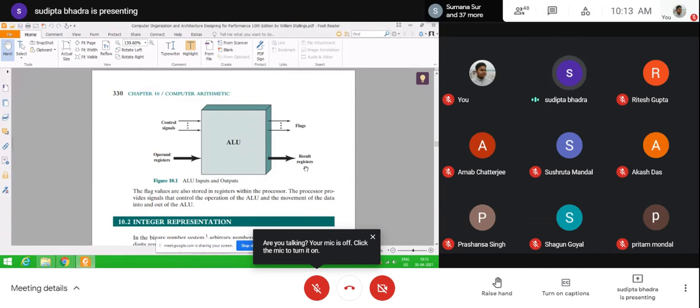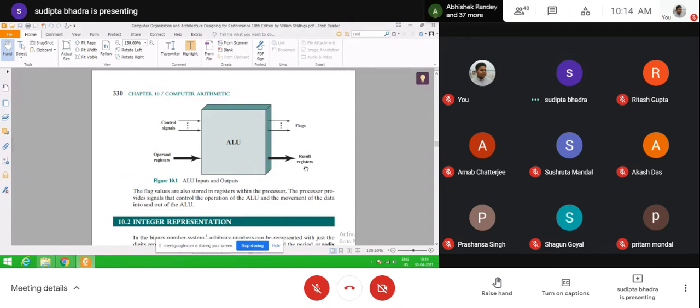If there is no overflow, the flag bit value is 0. If there is an overflow, the flag bit value is 1. Similarly, several other conditions can be represented by different flag bits. Setting the flag bits is part of the output of the arithmetic logic unit.